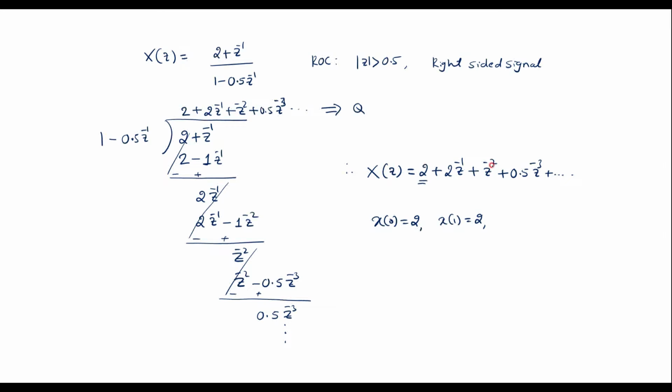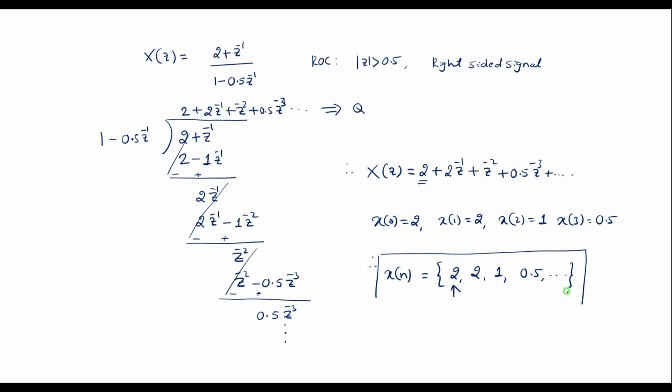The coefficient of z power minus 2 is x of 2, which is equal to 1. x of 3 is equal to 0.5. Therefore we can write x of n is equal to 2, 2, 1, 0.5 and so on. This is the first sequence, the time domain representation of the given x of z.